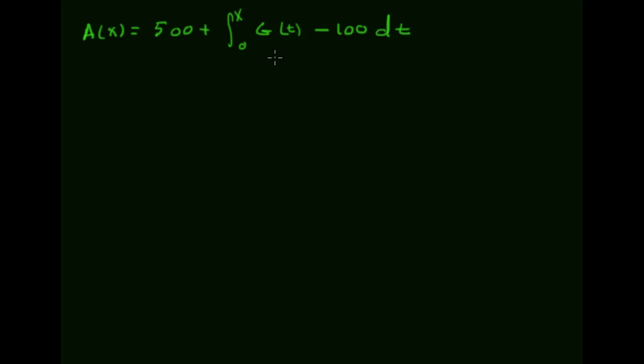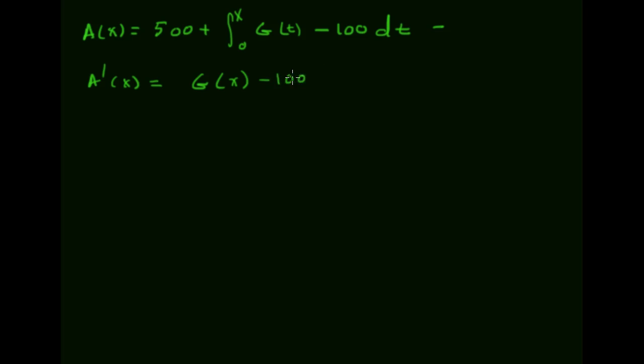Okay, so we want to know when this is, sorry, that's not correct. We want to know the derivative of that, right? So the derivative of that, well, this is a constant. The Fundamental Theorem of Calculus gets me that this is g of x minus 100.